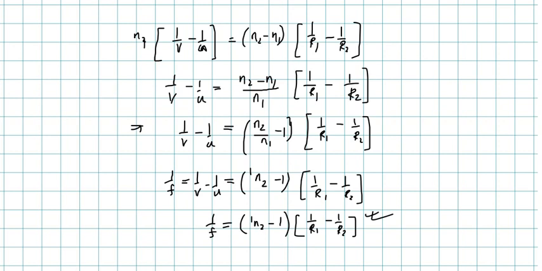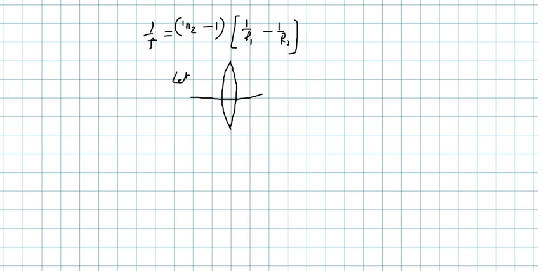Now, one particular case. So this is our relation: 1 by f is equal to n2 by n1 minus 1 into 1 by r1 minus 1 by r2. Let us say that this is a double convex lens, a lens whose both radii of curvature are the same.